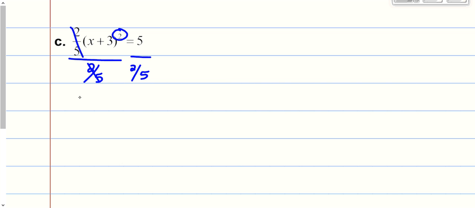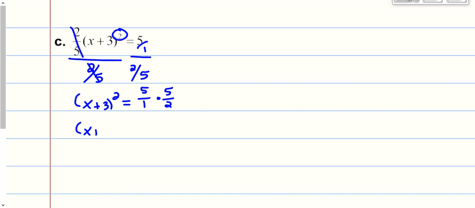That cancels, and I'm left with (x plus 3) squared equals, well, if I divide by 2/5, some of you were having trouble with this before. This is basically 5 over 1. So if you don't have your calculator and you're having to do this by hand, you can rewrite this as 5 over 1 now times 5 over 2, because we're going to keep the first fraction, change the division to multiplication, and flip the second fraction.